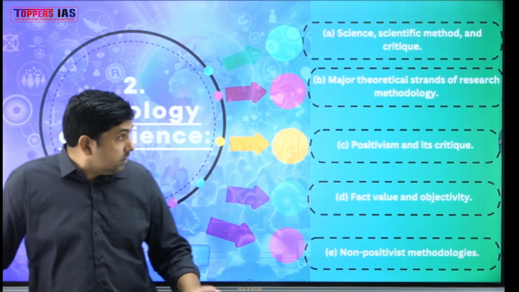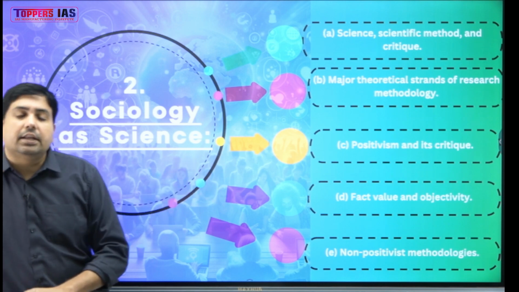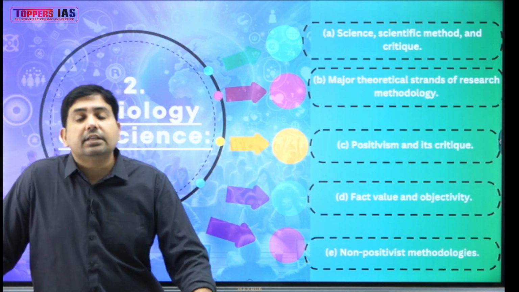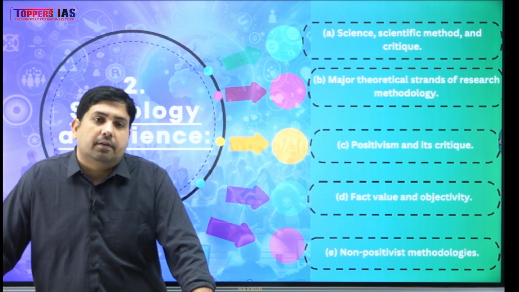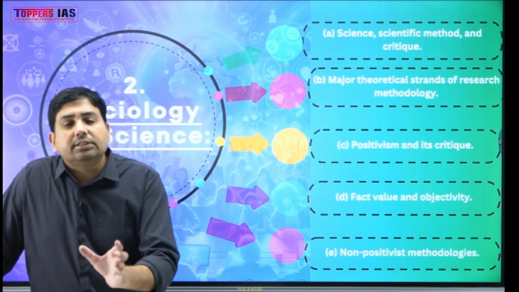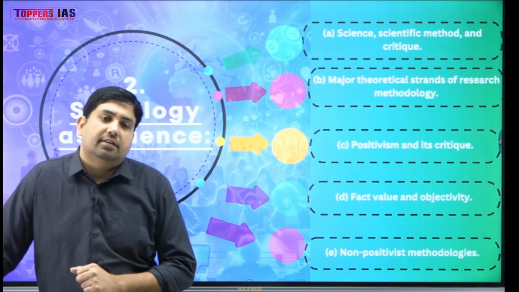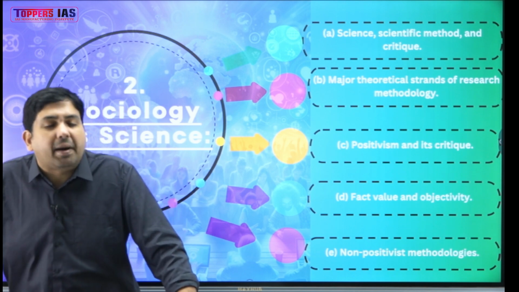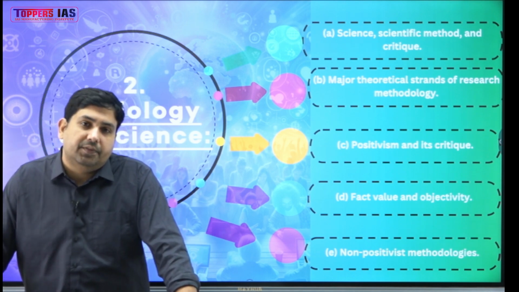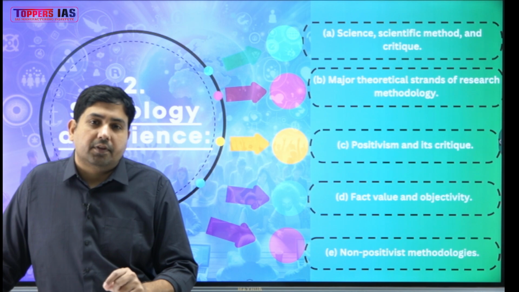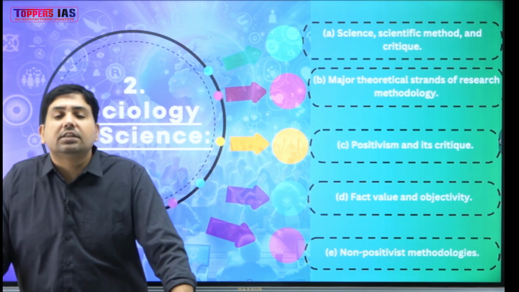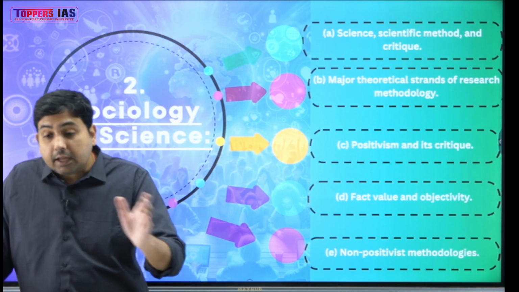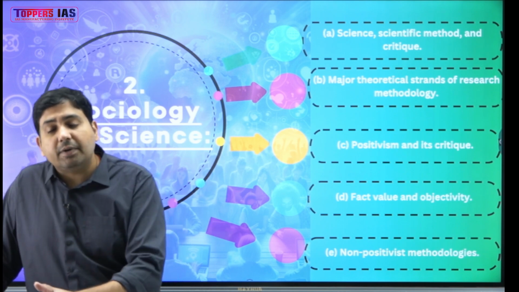Okay, now units 2 and 3 deal with a big question: can sociology be a science like, say, physics, biology or chemistry? And if so, how do sociologists conduct their research, and are they able to arrive at 100% truth or not?